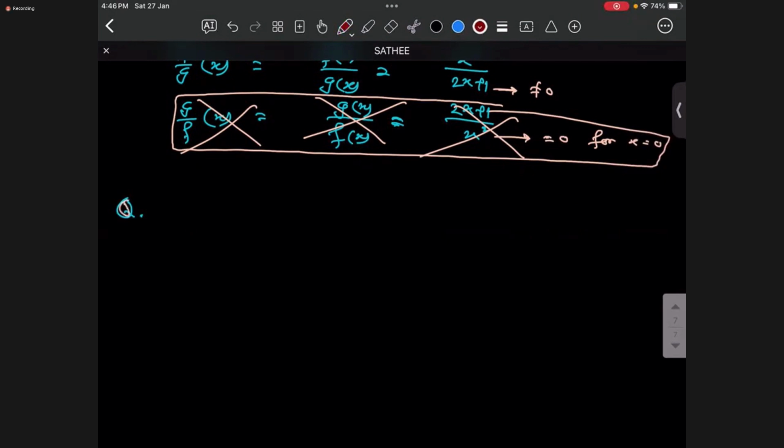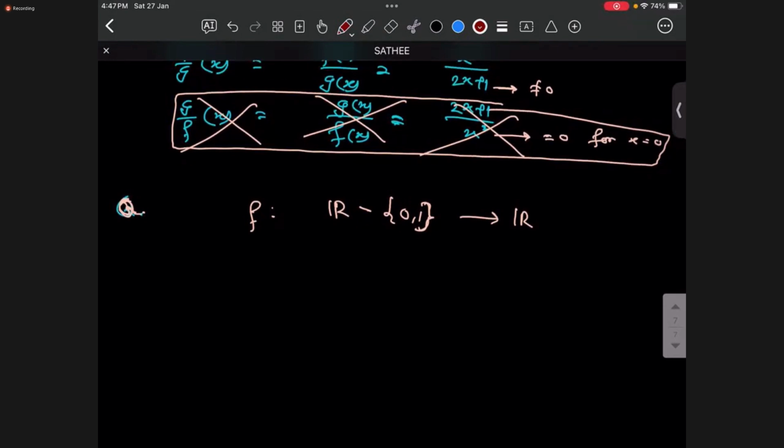The question is, if a function f is from R minus {0, 1} to R. So the domain is, we are excluding the points 0 and 1 from the set R, and the range set is the whole R. Okay.